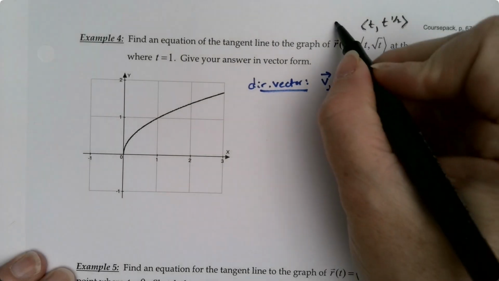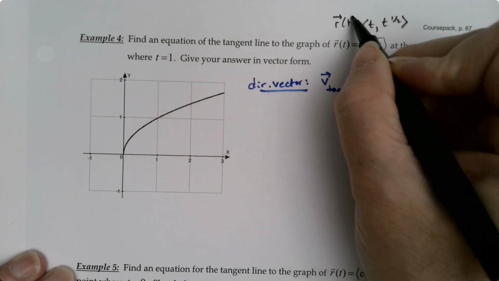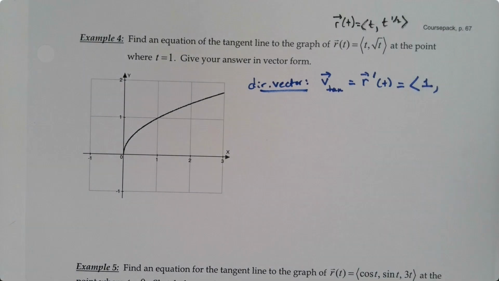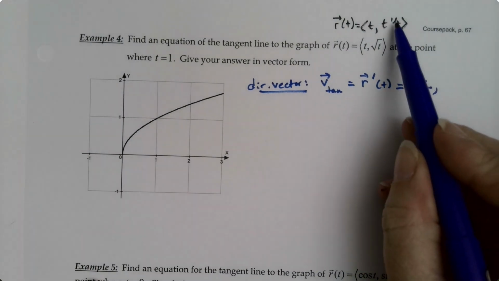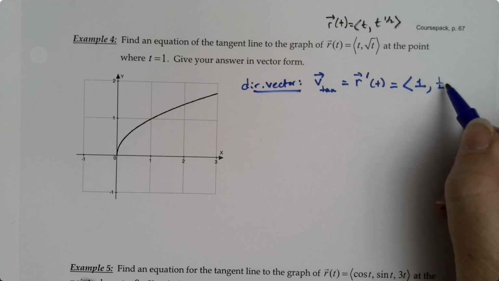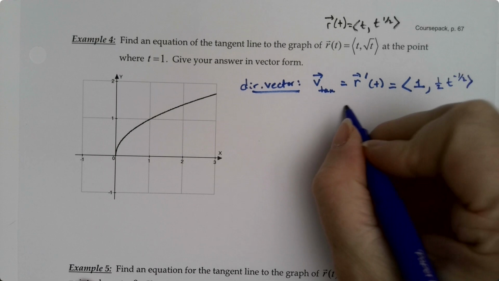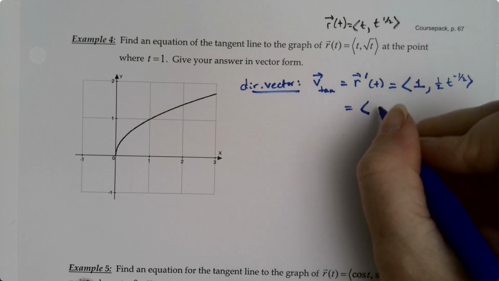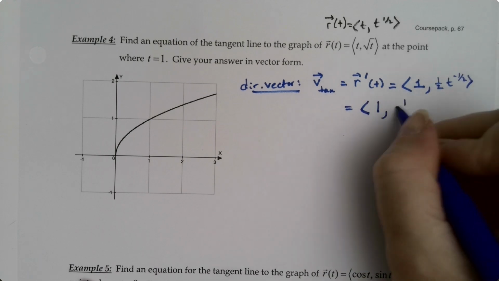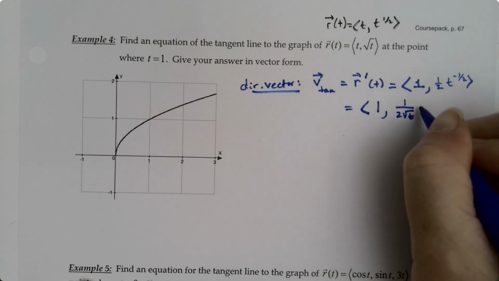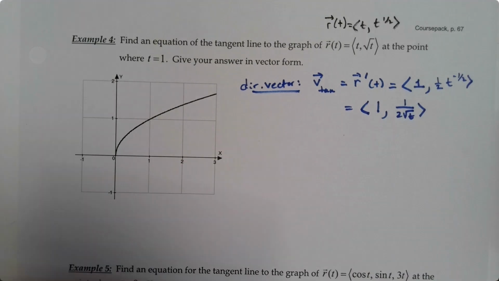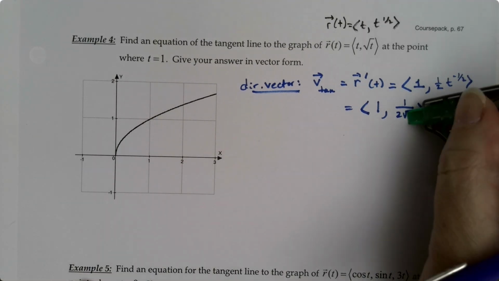We prefer to write it that way because it's easier for finding the derivative. You bring the 1/2 down and use the power rule: 1/2 t to the negative 1/2. If I wanted to write that another way, it would be 1 over 2 square root of t, and that should be looking familiar to you, because of course, these two problems are related.